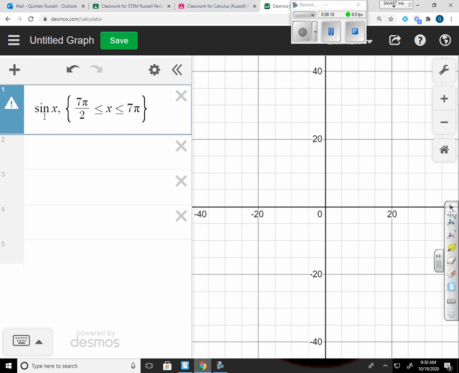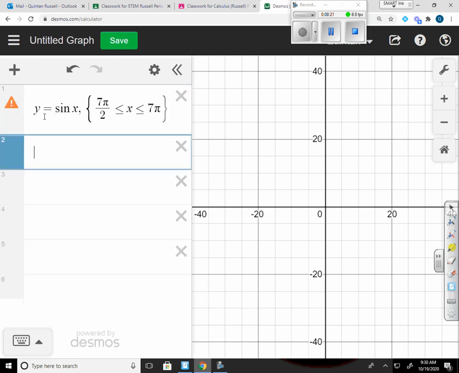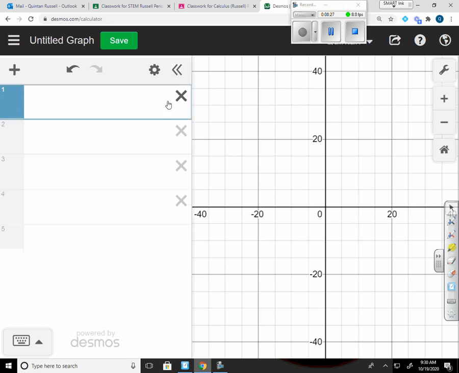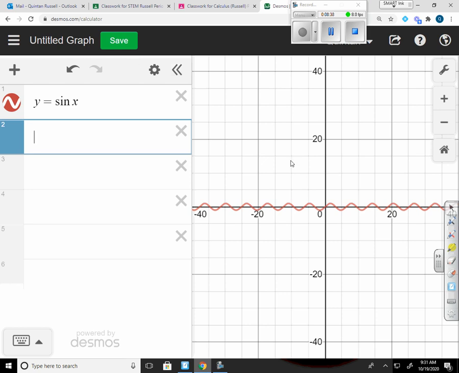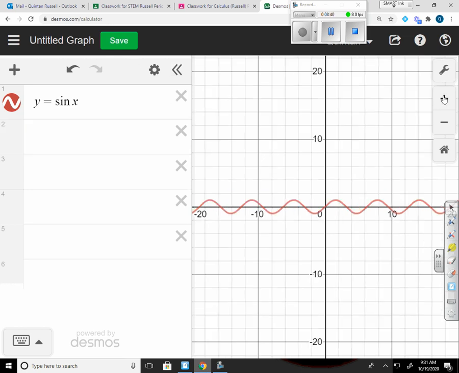What about a y equals? Still no luck. Well, this sucks. Y equals sine x. Guess that's as good as we get, huh?